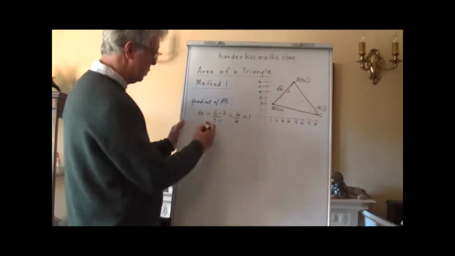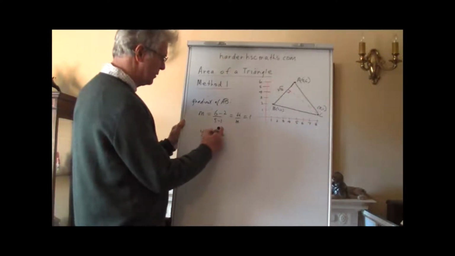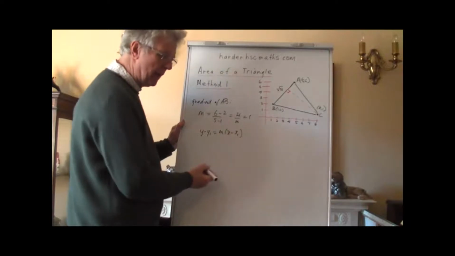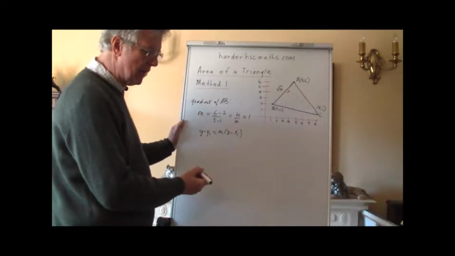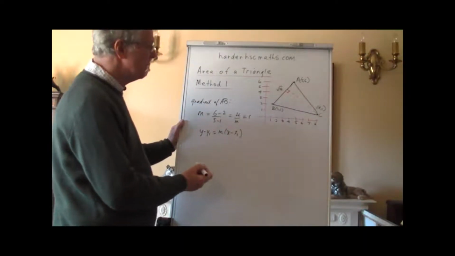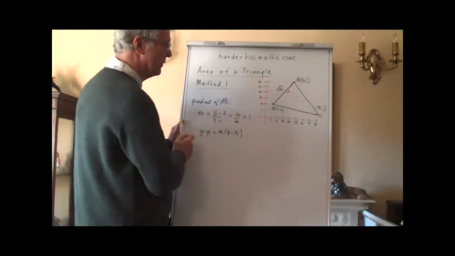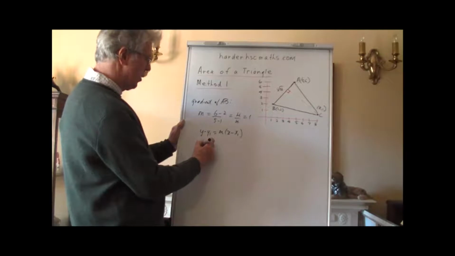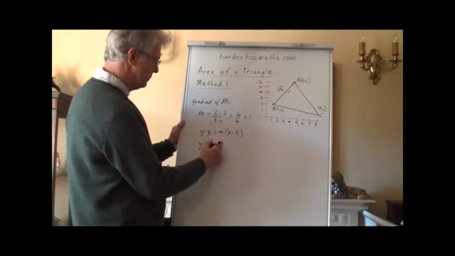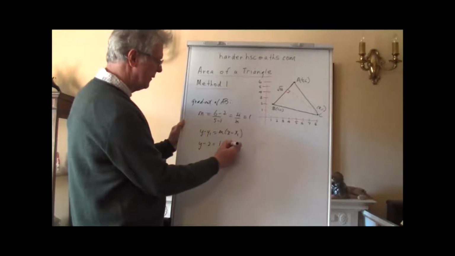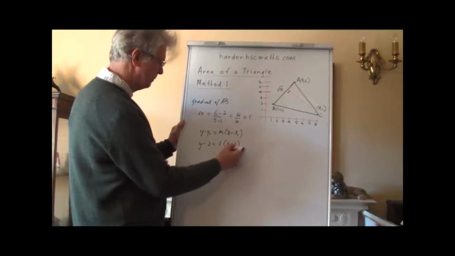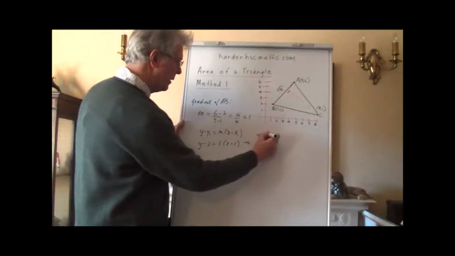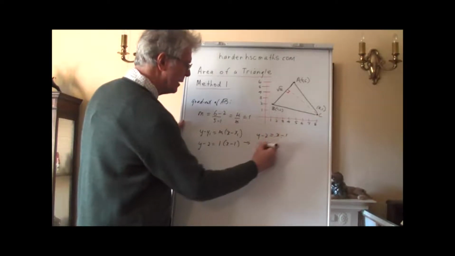Now the equation of AB is y minus y1 equals m times (x minus x1), and I'm going to take the (x1, y1) to be this point here, 1, 2, just for convenience. If you did 5, 6 it wouldn't make any difference. So this will be y minus 2 equals 1 outside of (x minus 1). So this becomes y minus 2 equals x minus 1.